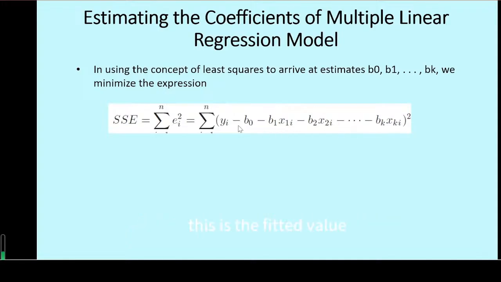This is the fitted value from the previous page, right? This is the y hat. So y_i minus y hat, take the square for all y observations. This is called SSE, the sum of squared errors. So we will minimize this sum of squared errors.